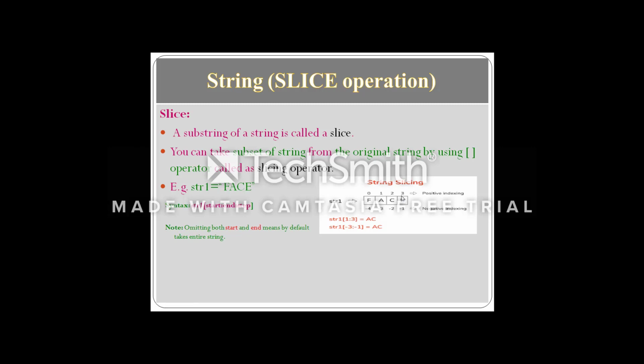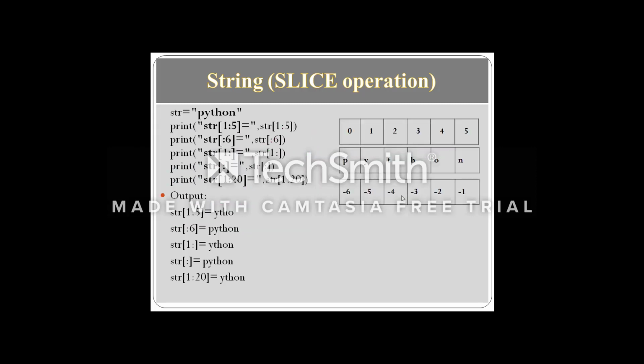We will see one example of how to use the slice operator. See here, suppose str is equal to Python. We have to store this string in the variable str. First of all, we will see how this string is stored. When this string is stored in computer memory, its first letter will be stored at the 0th index.